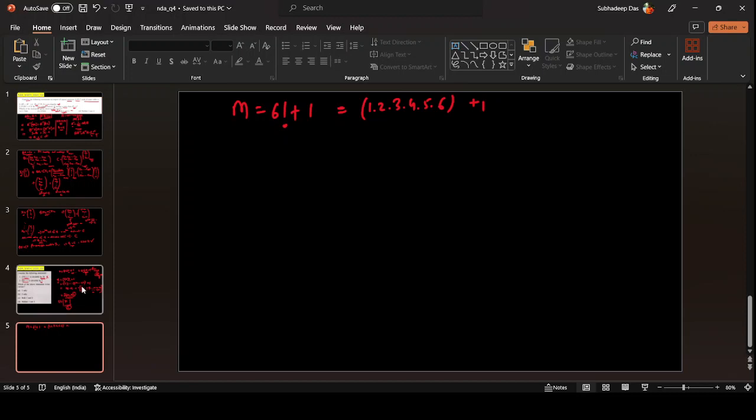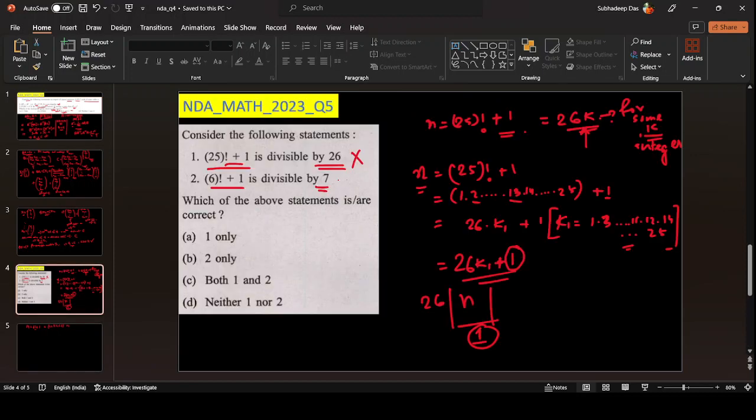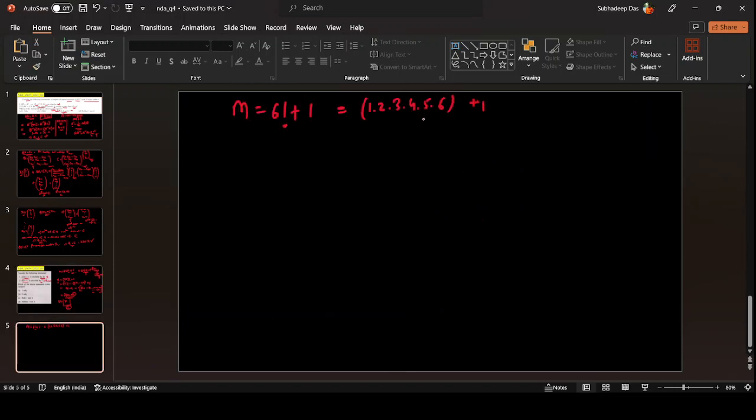For divisibility by 7, actually 7 is a prime number, right? 7 is a prime number, so it will be divisible by 7 if we are able to write it like 7k or something.